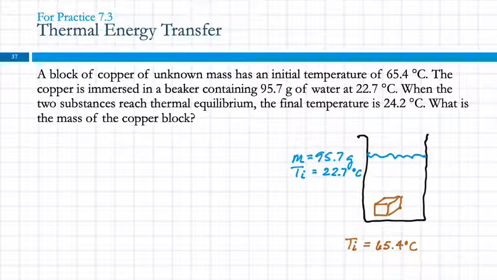So that's the final temperature of what? Of both of them, right? So T final for the water is 24.2, and T final for the copper is also 24.2. And they're asking what's the mass of the copper. So mass equals question mark.